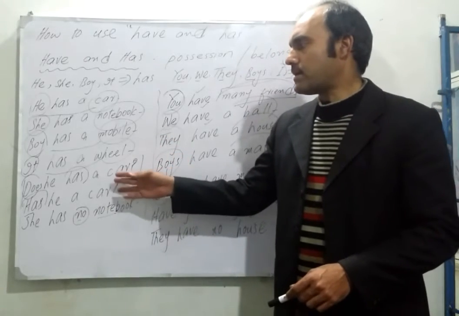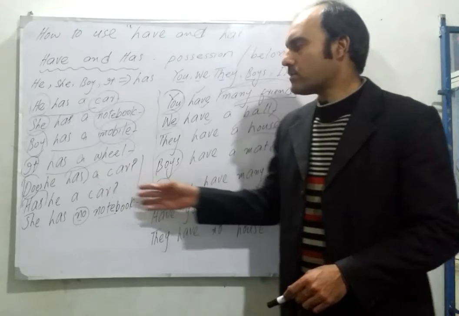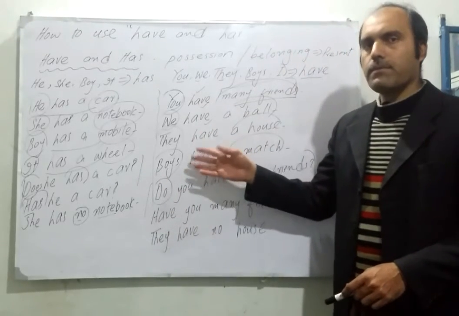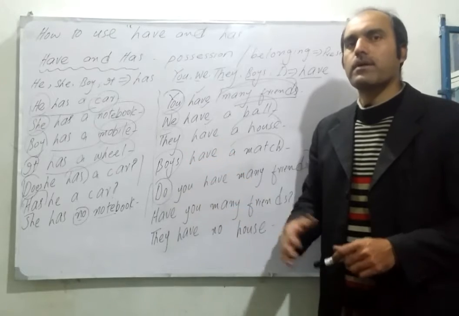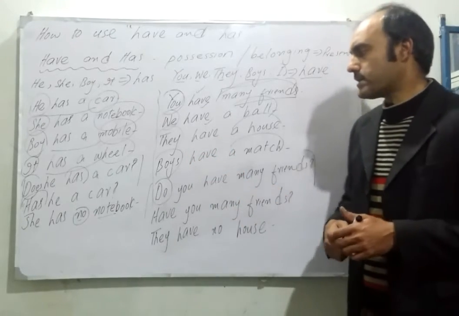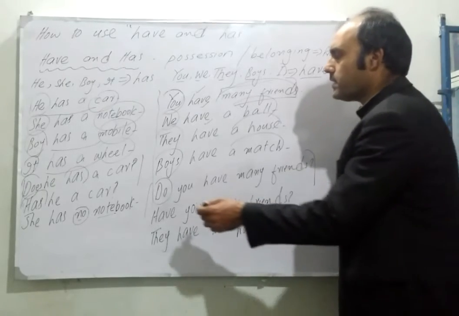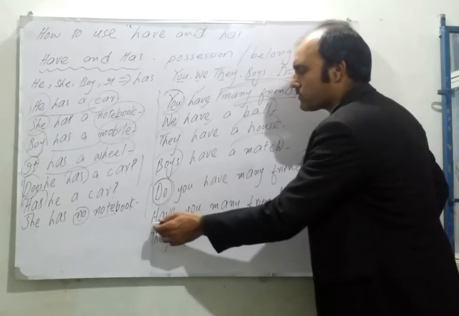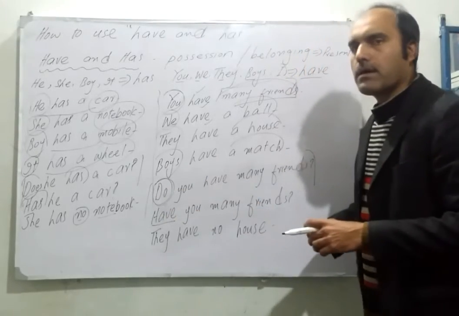This rule is also for have. If we are going to use have and we want to make an interrogative sentence, we can start our sentence with do, and also we can start it with have.